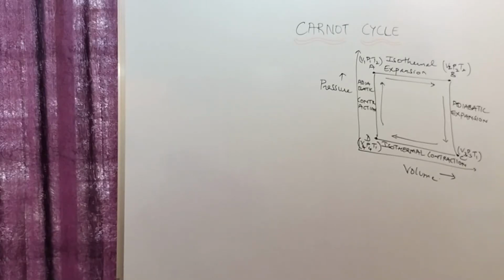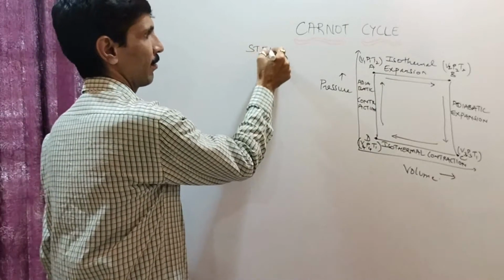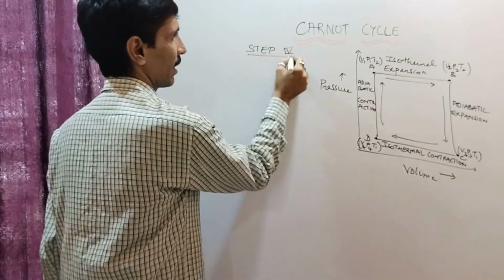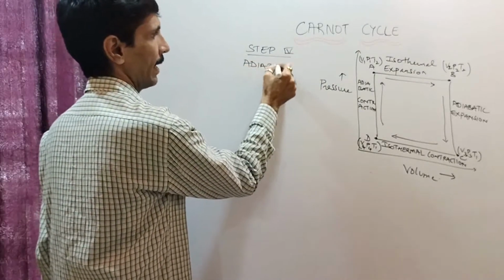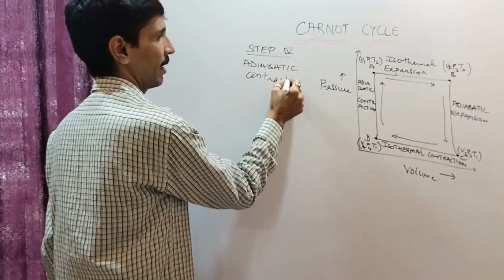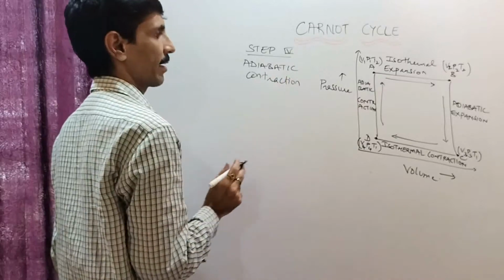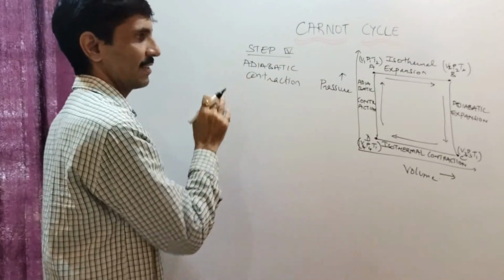Yes, my dear friends, now we move on to the last step, and that is going to be step number 4. Now here in this case, you must be knowing it very well. You can read here from this diagram. Step number 4 is all about adiabatic contraction. When you talk about an adiabatic contraction, the gas is being subjected to an insulator.